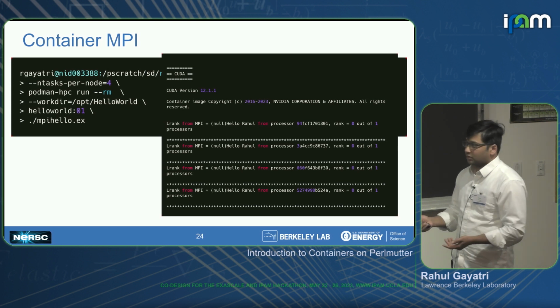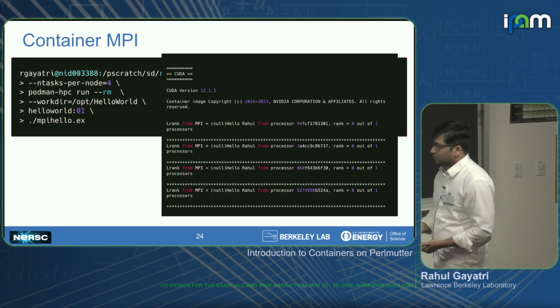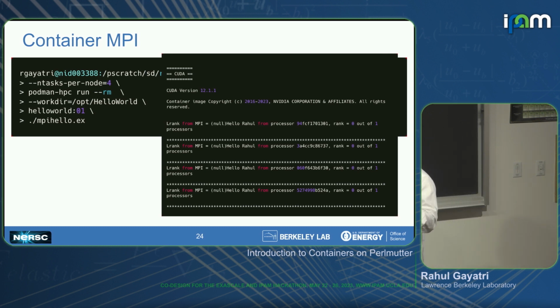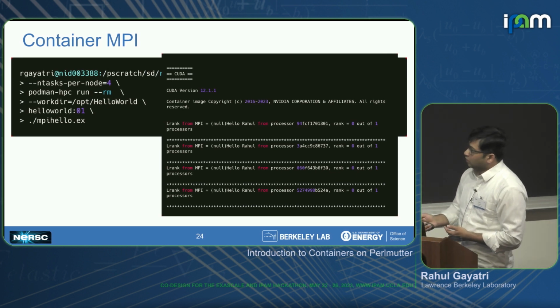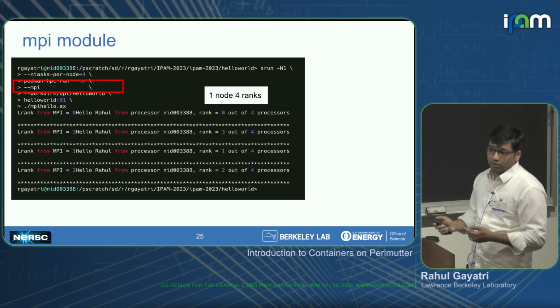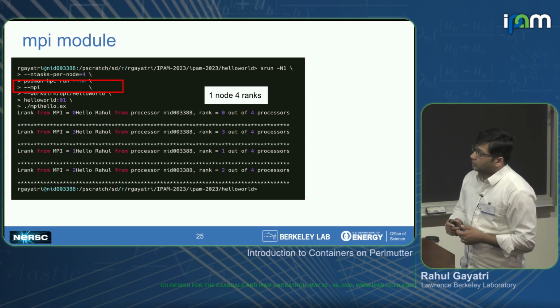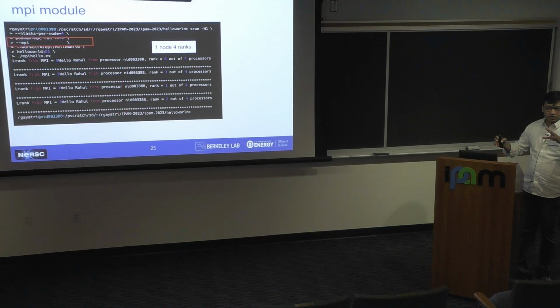Obviously, this is not acceptable for a lot of users because they want to know how many MPI ranks are actually being created, and they have some work distribution based on that. So what you can do is use the MPI module available with Podman, which will at runtime replace the MPI in your container with the Cray MPICH, right?